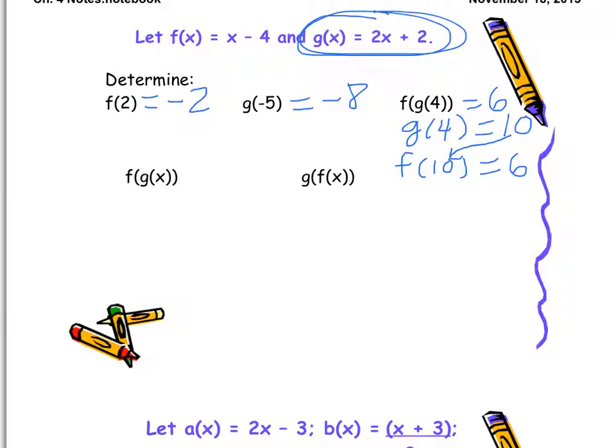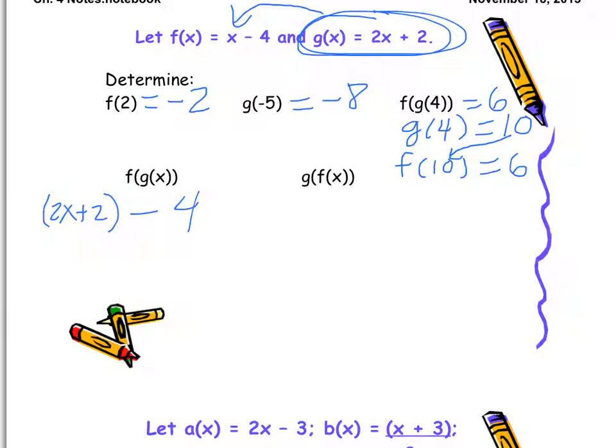Okay, we can do function composition with variables. The function f is x minus 4, okay? But now I'm going to take this function g and plug that in for x. So x is gone, and what I'm going to substitute in for x would be 2x plus 2.